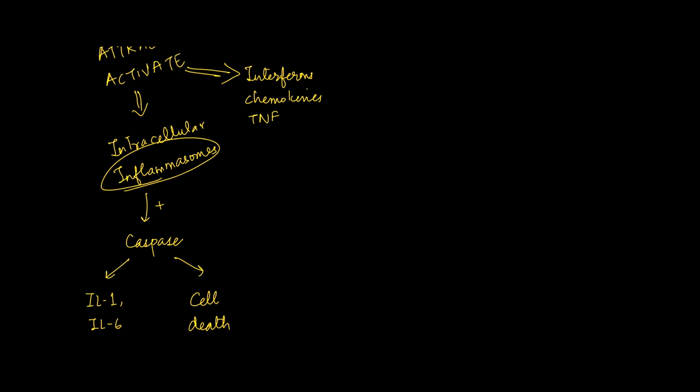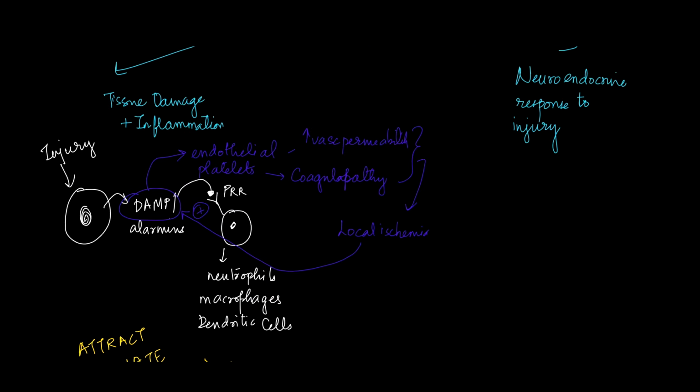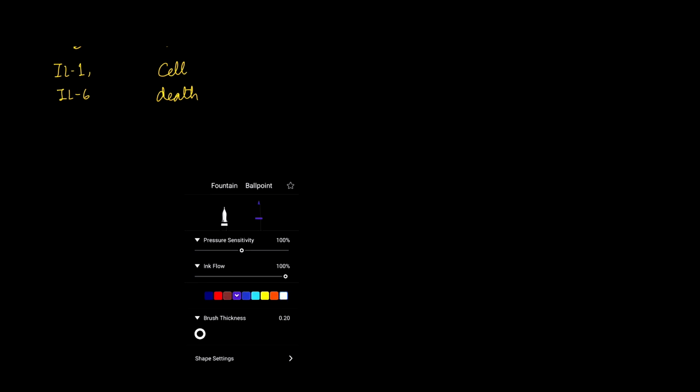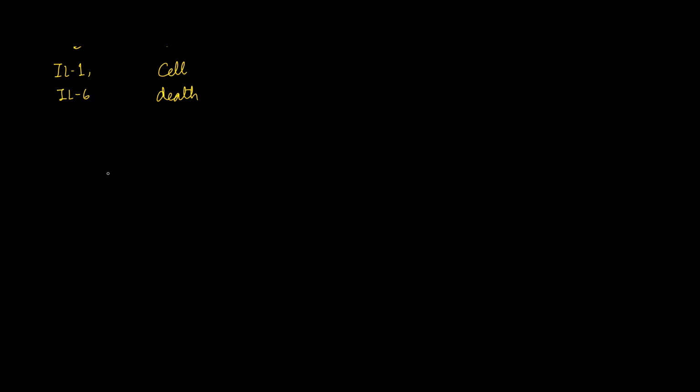Okay, another thing to note is that this secondary activation of the metabolic response to injury, that is further creation of the damage associated molecular patterns apart from the injury itself, can occur due to certain other factors. For example, secondary triggers to metabolic response to injury.